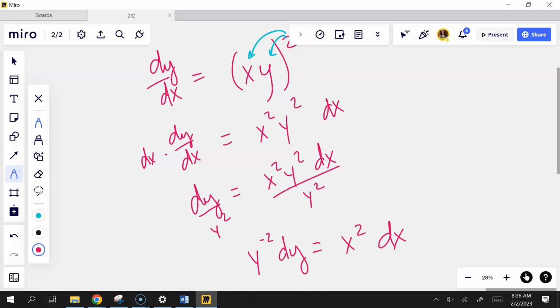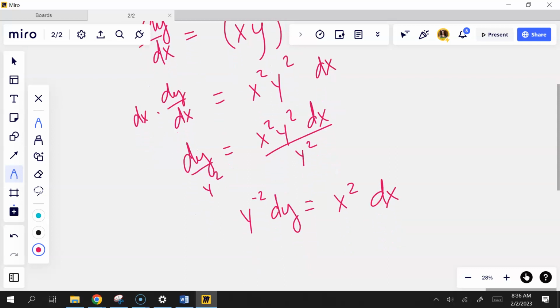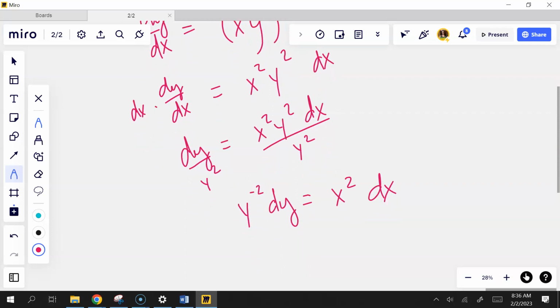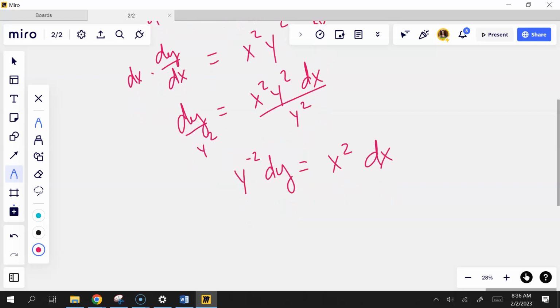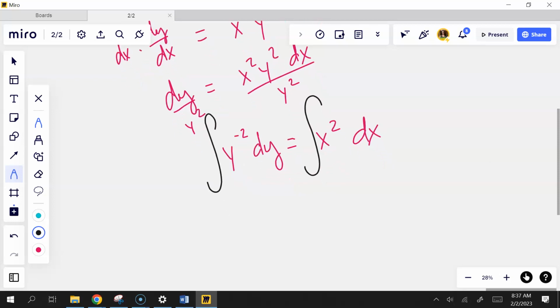Are you guys okay there? Now can you solve it for y? Yes, we can. In fact, if we integrate both sides, what is the antiderivative of y to the negative 2?